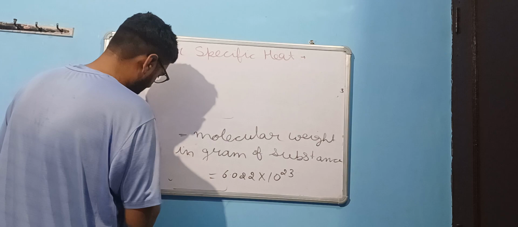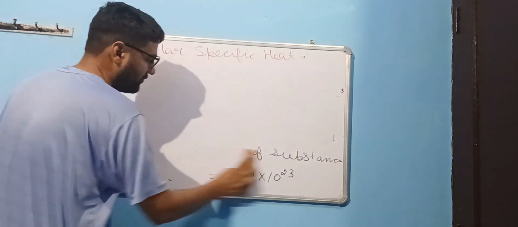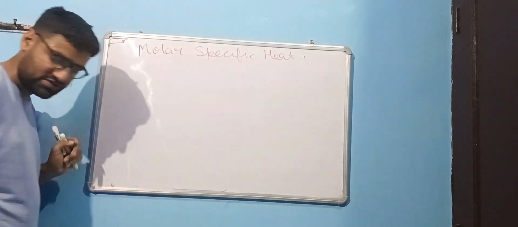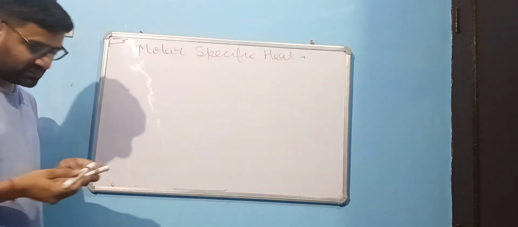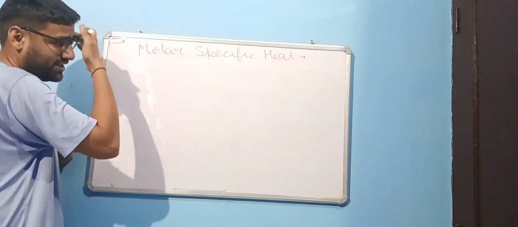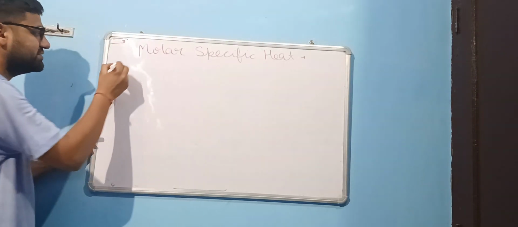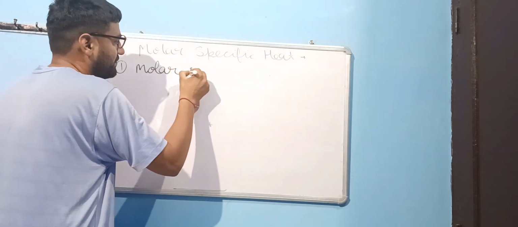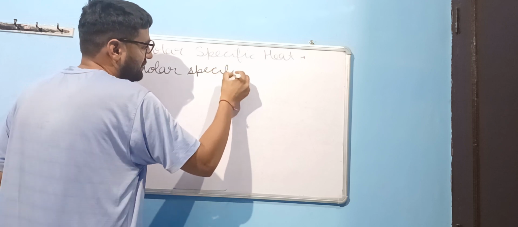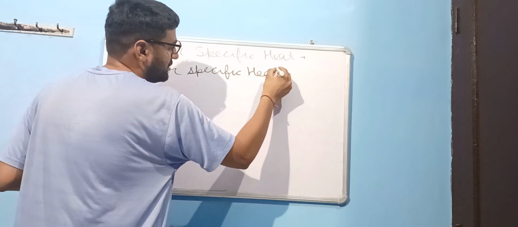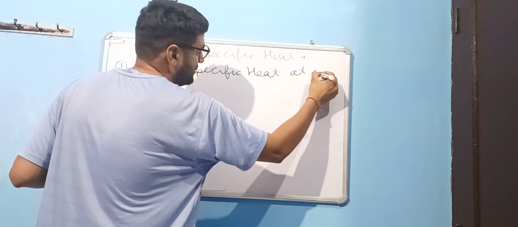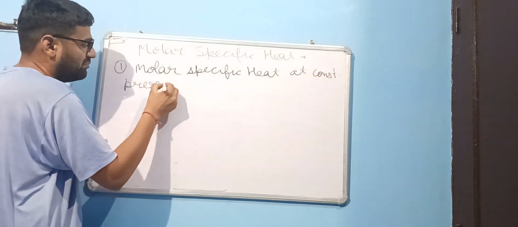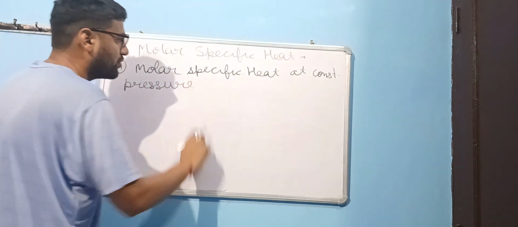When we take molar specific heat of gases, there are certain conditions which we apply. It is of two types. First, molar specific heat at constant pressure, denoted as Cp, meaning volume may change.